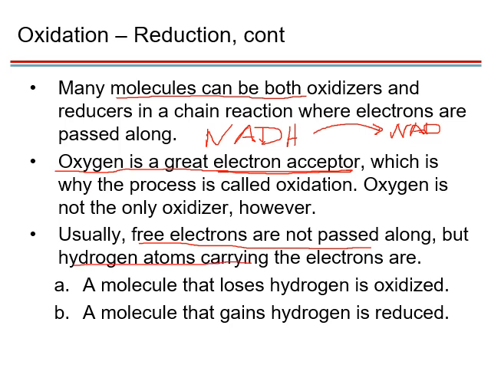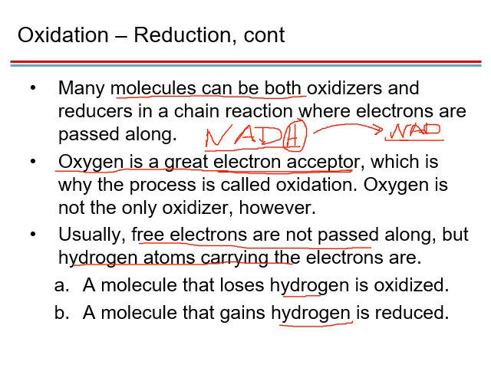And like I said, usually free electrons are not passed along by themselves, but hydrogen atoms are carrying the electrons. So typically, as we saw with NAD, when it picks up electrons, it also picks up a hydrogen atom. So you can see there are also electrons accepted here by NAD. A molecule that gains electrons also gains hydrogen.